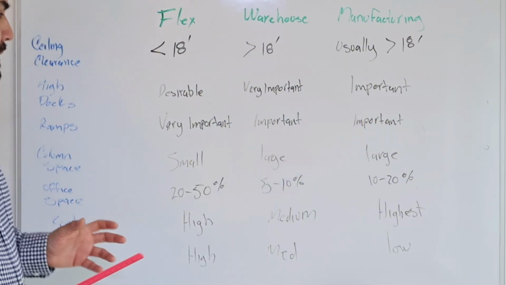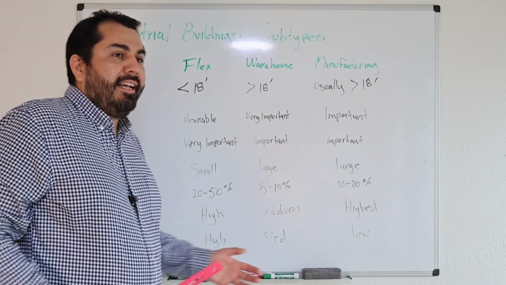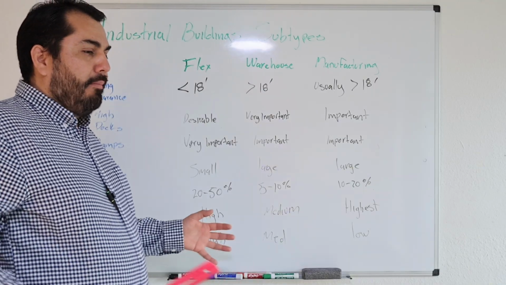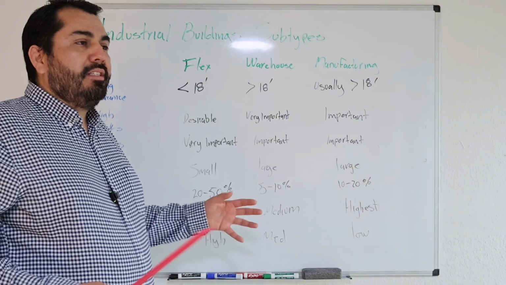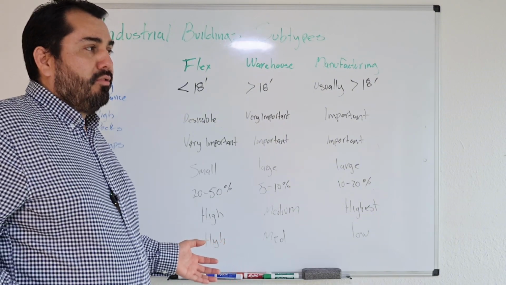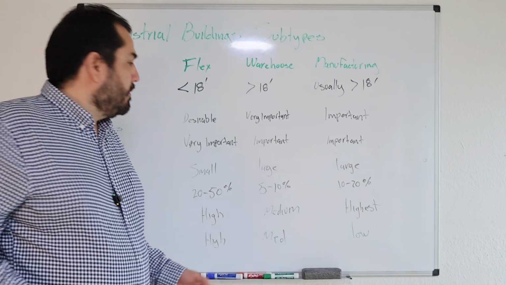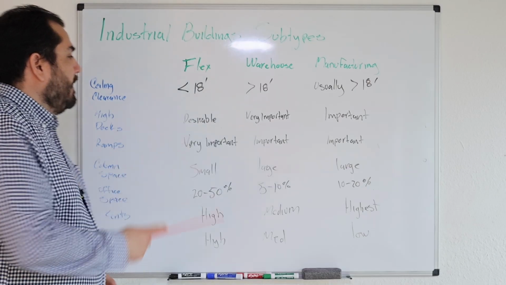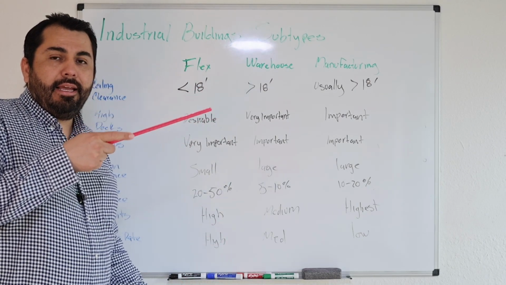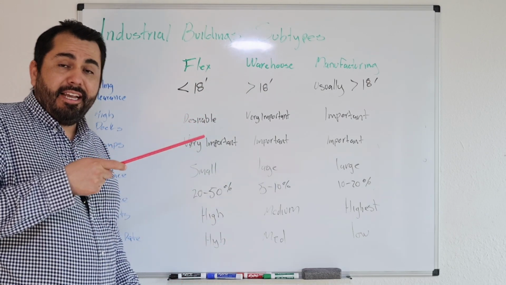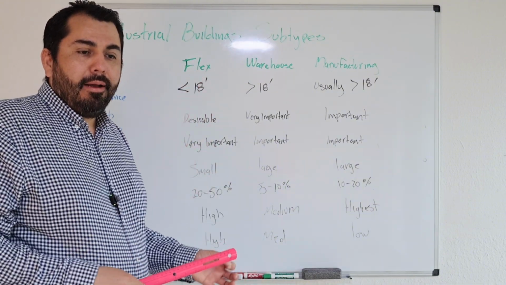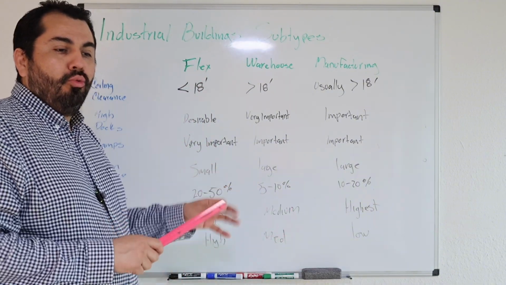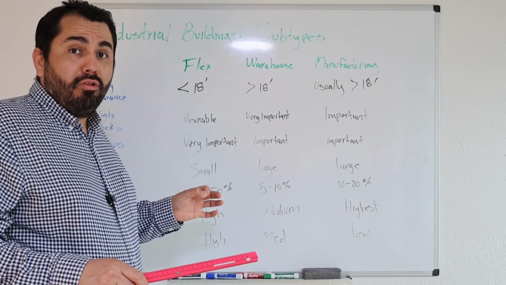The column space. Usually in the flex space you don't have many columns, and it is not that important, because remember, the higher the height of the building, the more columns you will have. You will try to separate the columns.